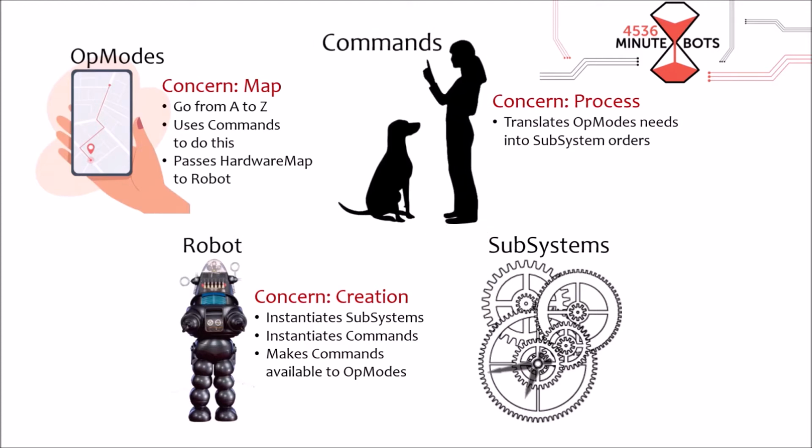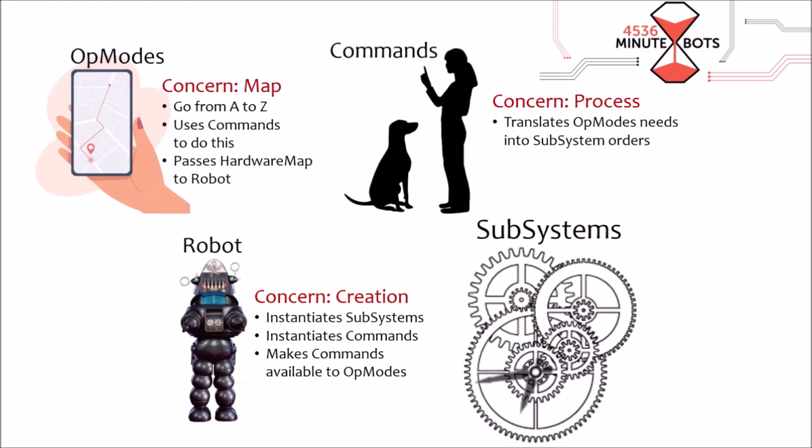The subsystems themselves, our primary concern is hardware. What they do is they take the hardware and they virtualize it. So they abstract it out from the actual 4-motor system into a 2-sided drive system, right and left. And that simplifies things for commands, because commands doesn't have to work directly with the hardware. It tells the subsystem what to do, and the subsystem then takes that and applies it to the hardware.